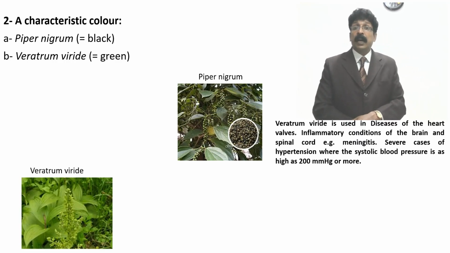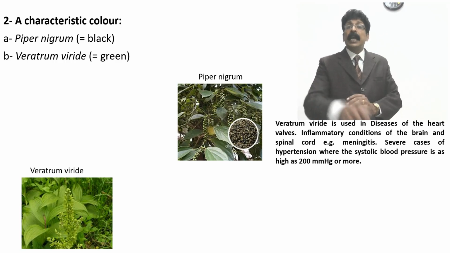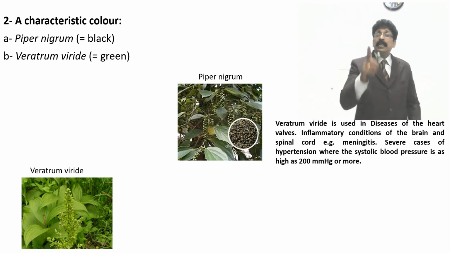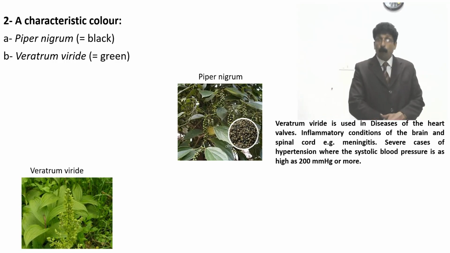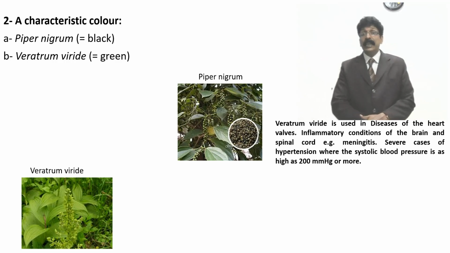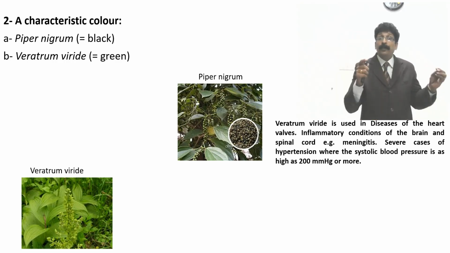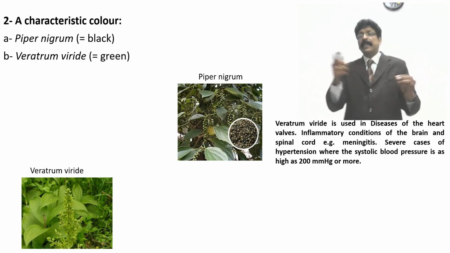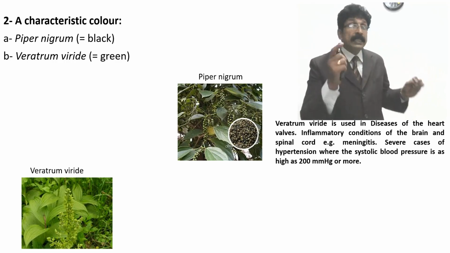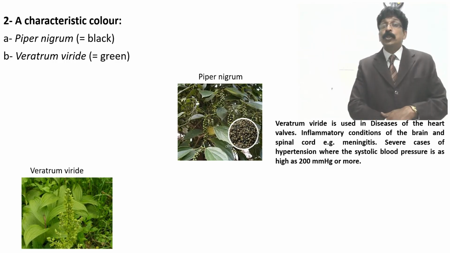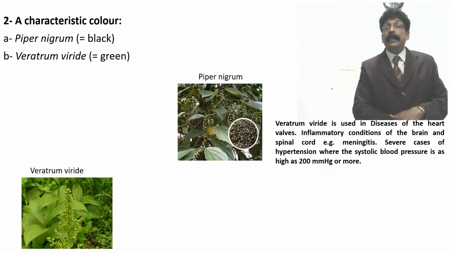Veratrum viride is used in diseases of the heart valves, and in inflammatory conditions of the brain and the spinal cord, for example meningitis, which commonly affects the multi-organ system.